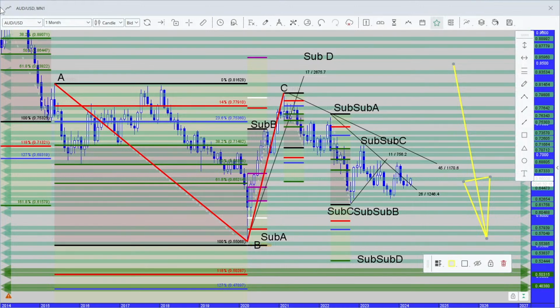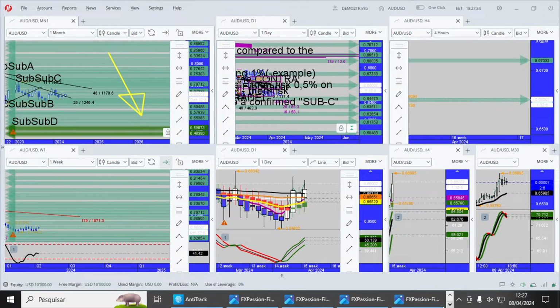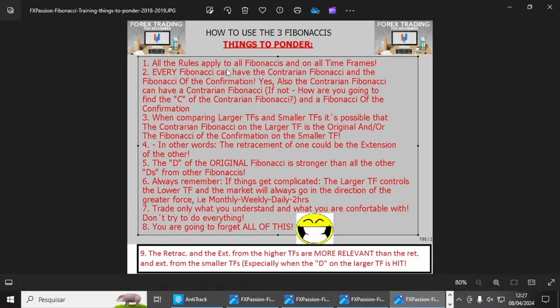Alright? Just for you to understand that when you are reading those pictures, all the rules apply to all Fibonacci and all time frames. Every Fibonacci can have the contrarian Fibonacci and the Fibonacci of the confirmation.